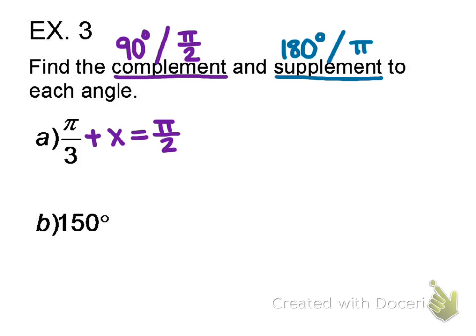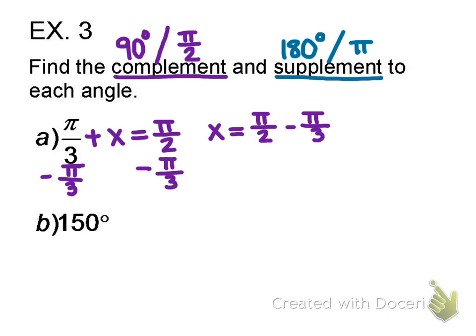So I'm going to subtract pi over 3 on both sides of the equation, so that the angle that we're solving for has to be pi over 2 minus pi over 3. Now we need to go ahead and change these to have a common denominator. Our common denominator is going to be 6. If I want to change pi over 2 to something over 6, then I have to multiply by 3 on top and bottom.